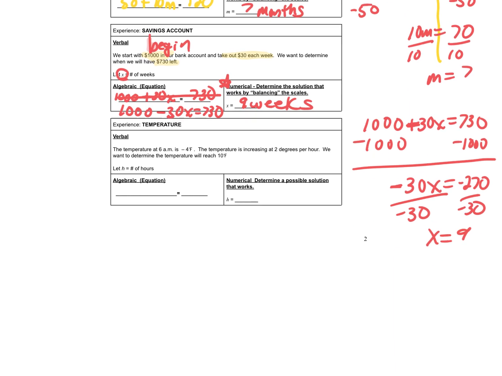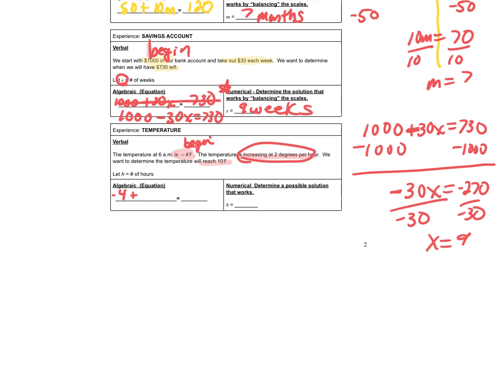All right, now the temperature at 6 a.m. is -4. The temperature will increase, which is a plus, per hour. That's what varies. We want to determine when the temperature will reach 10. So you're going to have begin. Your begin value is -4. What varies, it's increasing by 2.